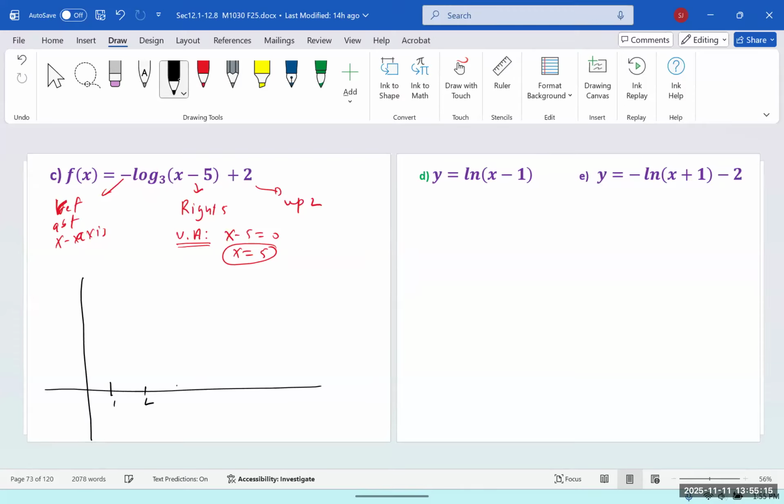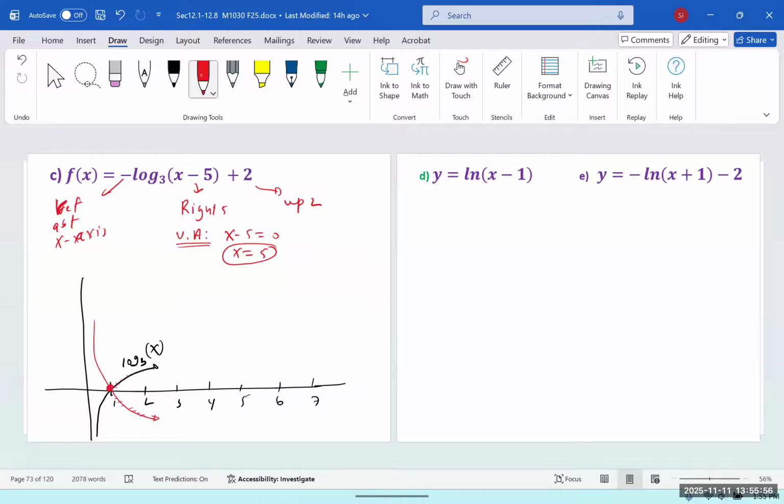1, 2, 3, 4, 5, 6, 7. So you draw the original graph, log base 3 of x. And then what did you do? Reflect. When you reflected, what type of graph did you get? Going downward. So this top portion goes here on the bottom.